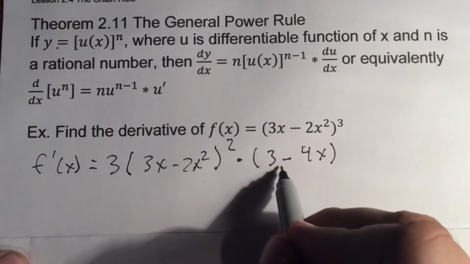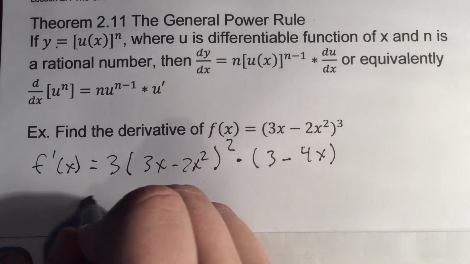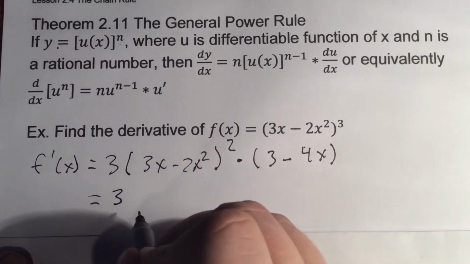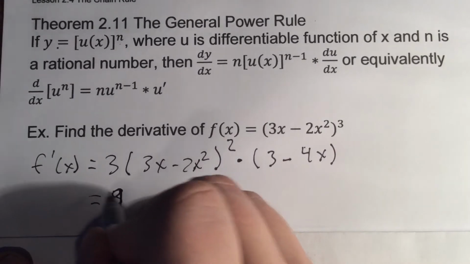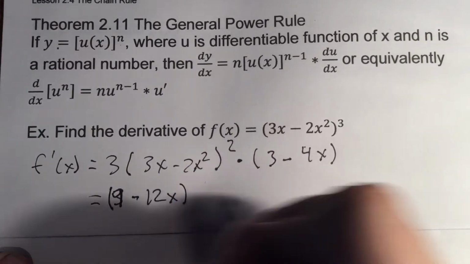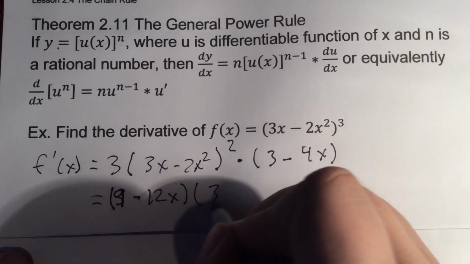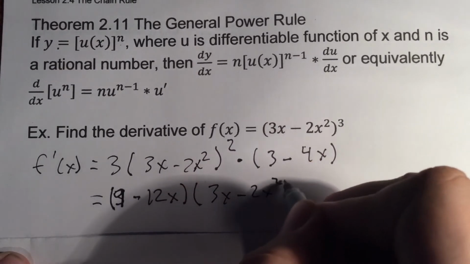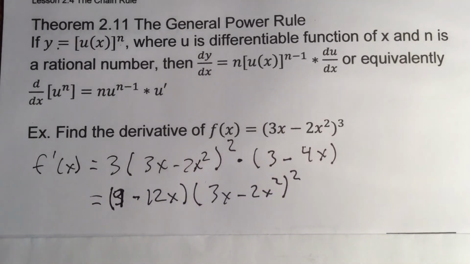So we could distribute this 3 in, and we'd end up with 3 times 3, which is 9, minus 12x, times 3x minus 2x squared. And that's where we're going to leave this.